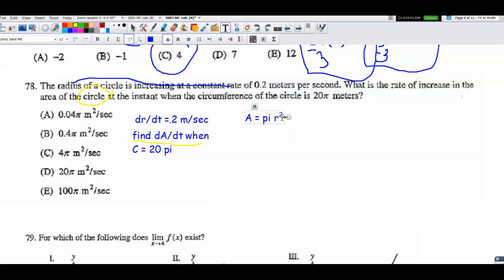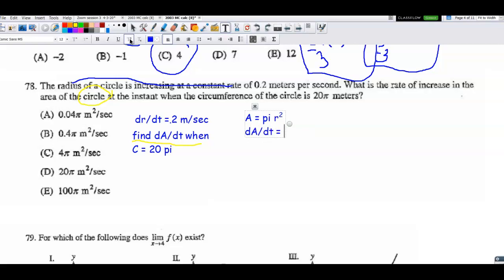When I take the derivative of both sides, on the left-hand side, by implicit differentiation, I get dA/dt.